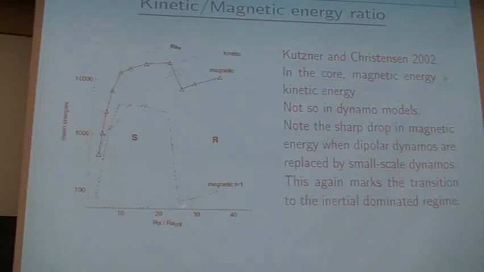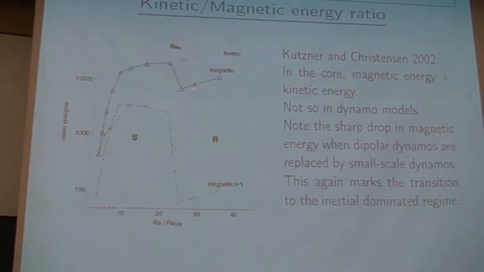So what's this telling us? This is telling us that where we're getting the chaotic small-scale dynamos, the kinetic energy is larger than the magnetic energy, and it's telling us that there's not much of a dipole either. The fraction of magnetic energy which is in the dipole mode is pretty miserable.